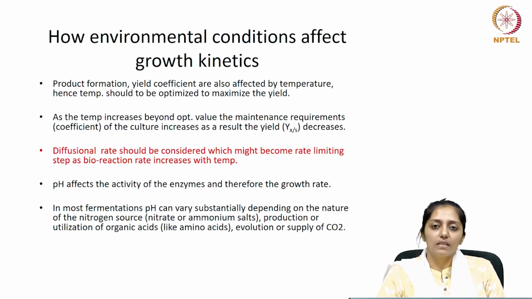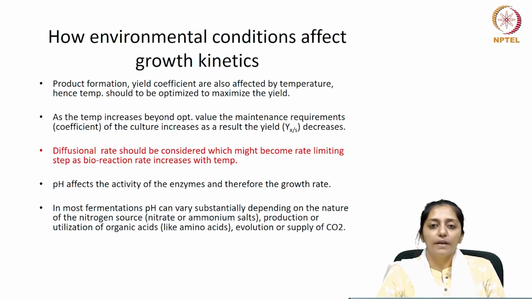If you remember in the last class, we talked about the different aspects in which the substrate gets consumed. It not only gets consumed for growth, but also for endogenous metabolism, which is a part of the maintenance energy. So when the maintenance requirements are high, a large amount of substrate is utilized for maintenance. So your net yield coefficient, which combines all these factors, the yield coefficient for growth, will start decreasing.